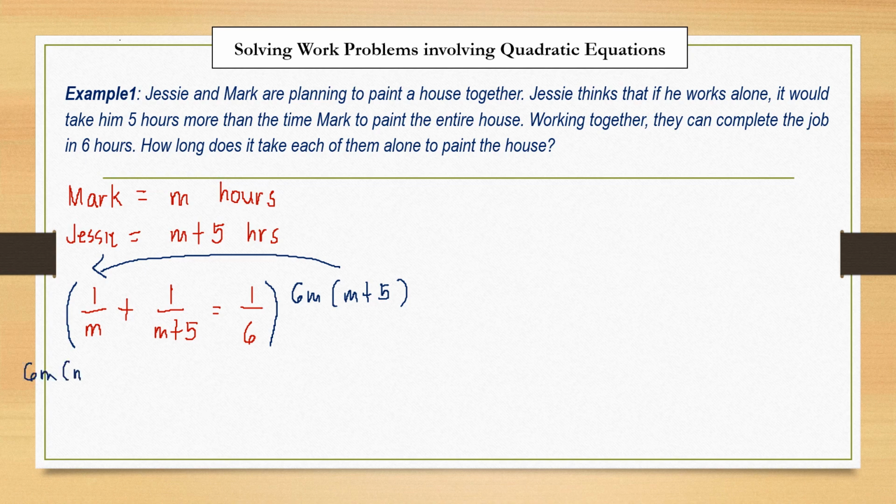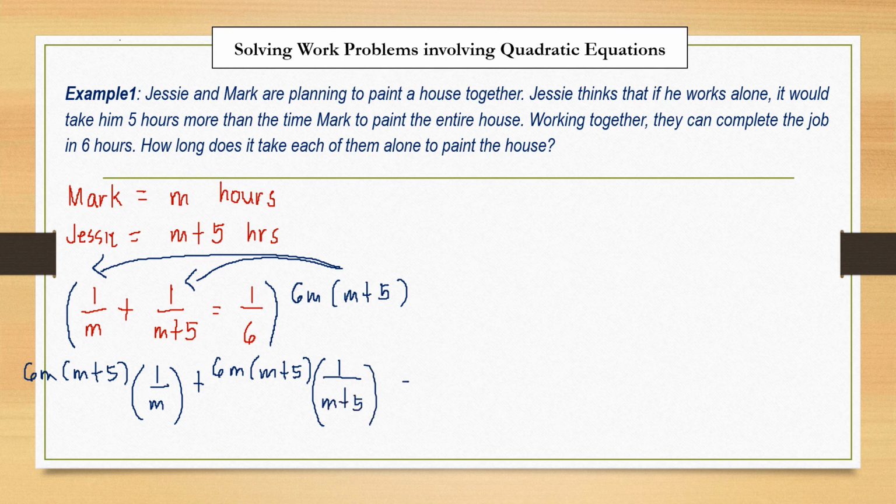By distributive property, we have 6m times m plus 5 multiplied by 1 over m plus 6m times m plus 5 multiplied by 1 over m plus 5 is equal to 6m times m plus 5 multiplied by 1 over 6. Now let us look for possible cancellations.